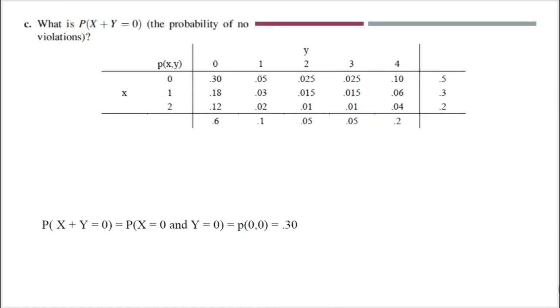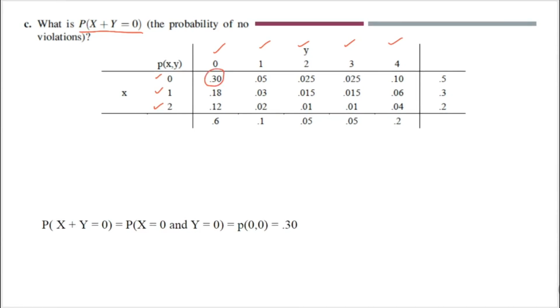And then in C, now they're saying that we want all combinations of x and y where their sum is equal to 0. And obviously the only way you can do it, if you're looking at values 0, 1, 2 and 0, 1, 2, 3, 4, 5, the only way that you can sum x and y such that you will get the value of 0 is by taking x equal to 0 and y equal to 0.